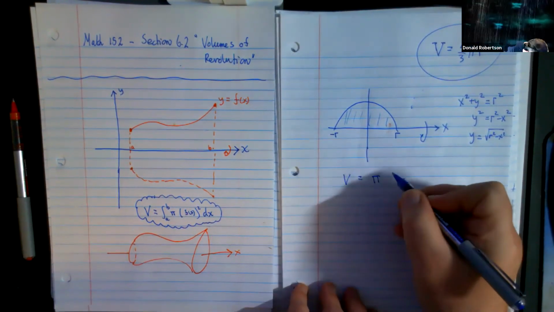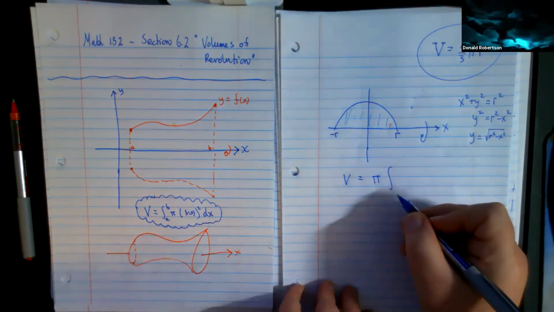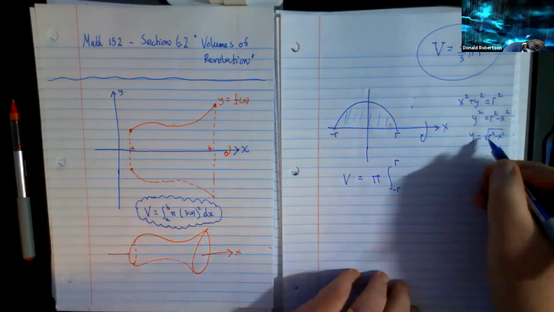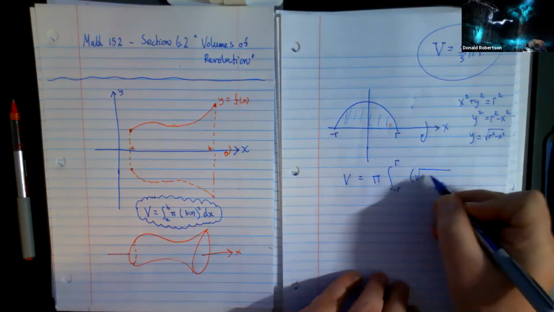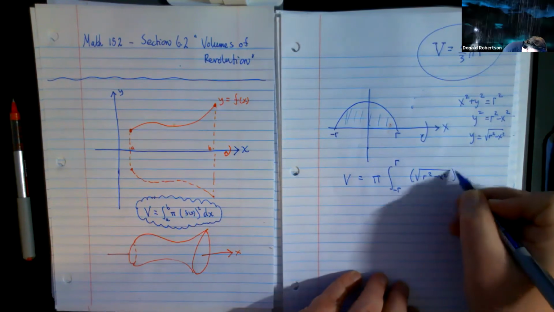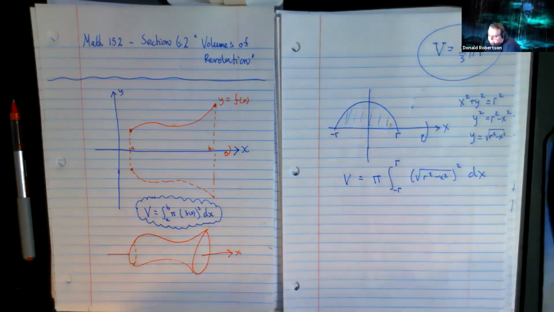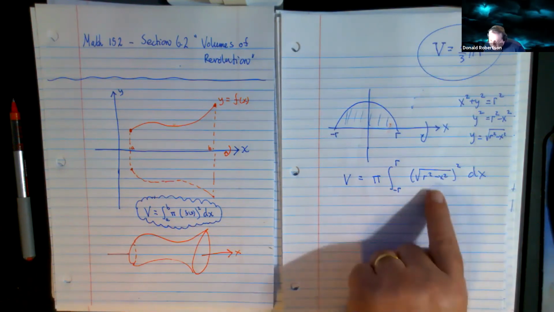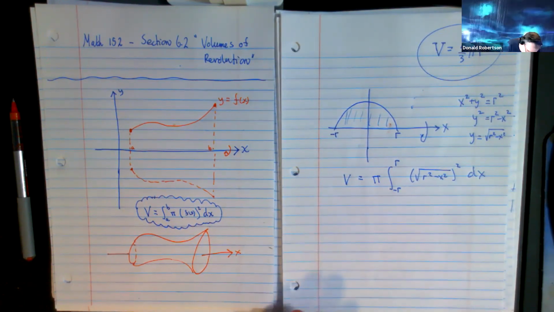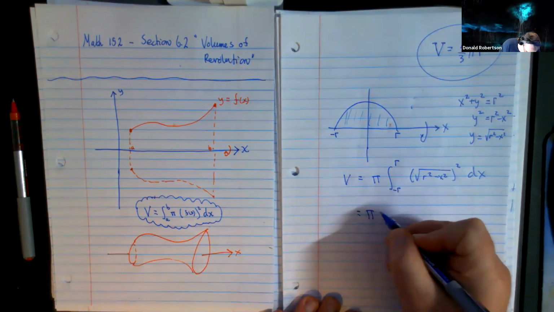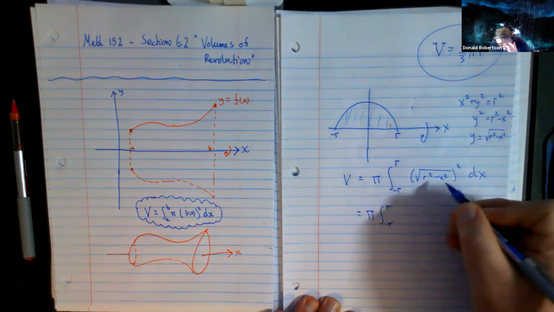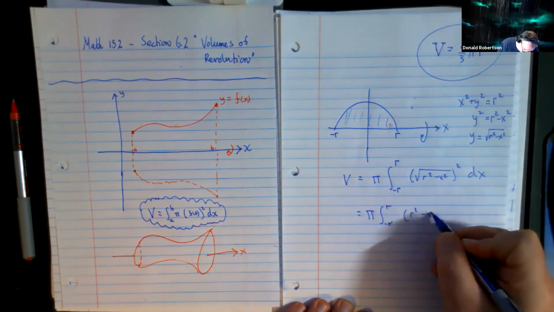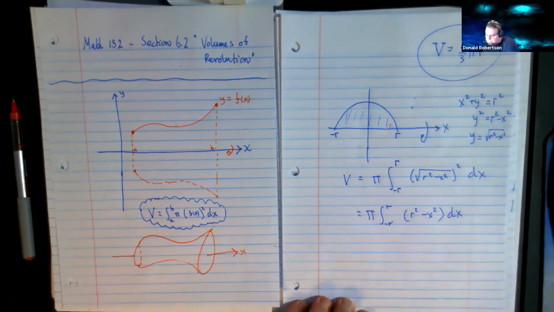It's pi, the integral from start to finish of f of x squared dx. So far, so good. This is our f of x. It's going to be pi, the integral from negative r to r. Wait a minute. Squaring square roots is really nice, isn't it? They cancel each other out.